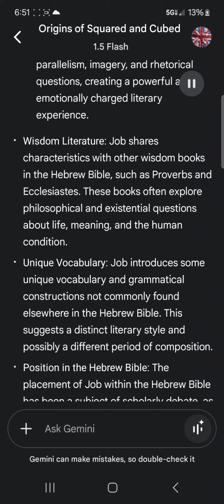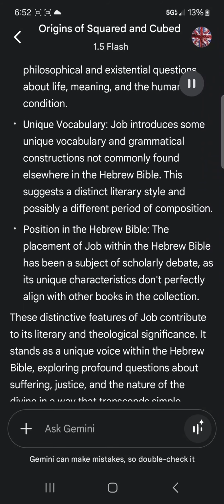Job shares characteristics with other wisdom books in the Hebrew Bible, such as Proverbs and Ecclesiastes. These books often explore philosophical and existential questions about life, meaning, and the human condition. Unique vocabulary. Job introduces some unique vocabulary and grammatical constructions not commonly found elsewhere in the Hebrew Bible. This suggests a distinct literary style and possibly a different period of composition. Position in the Hebrew Bible.